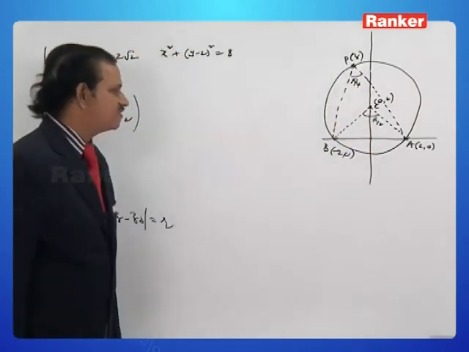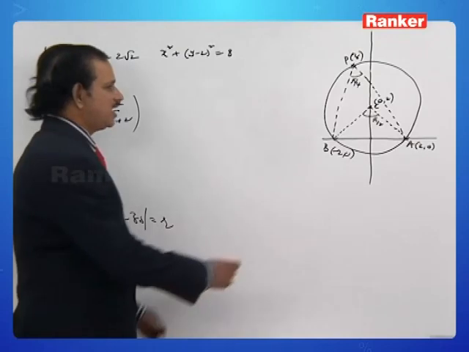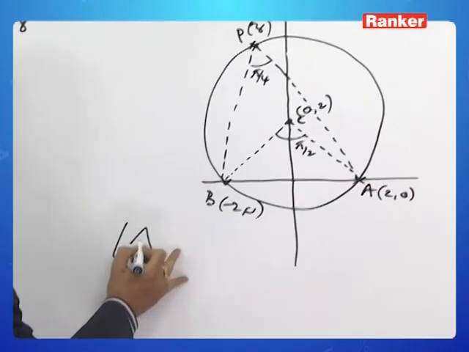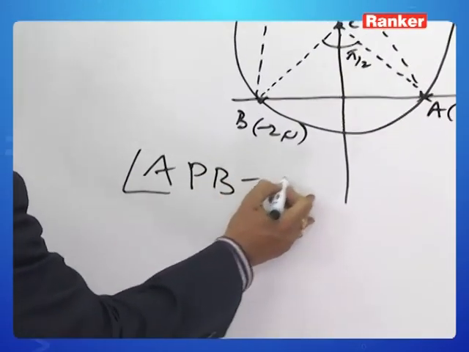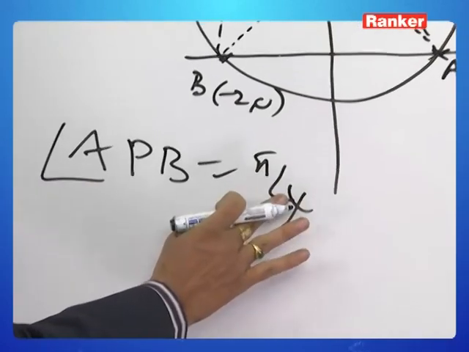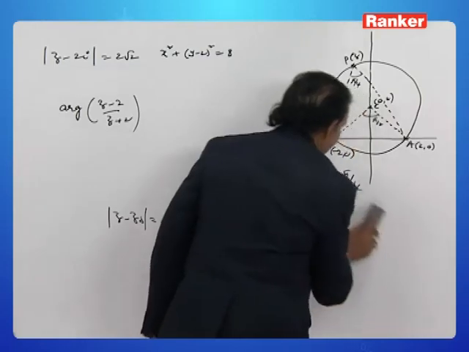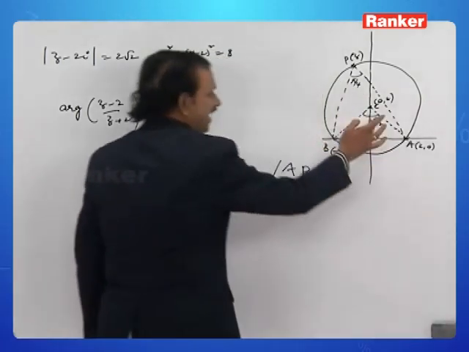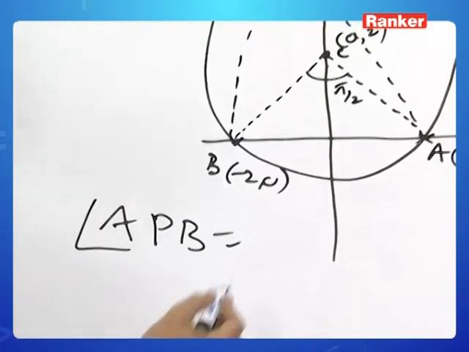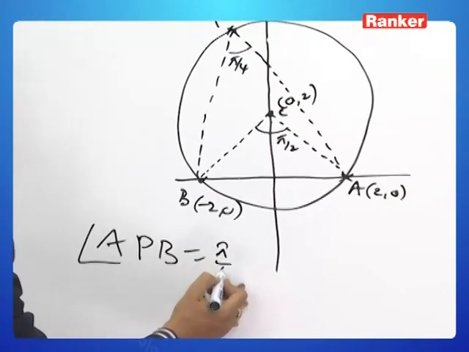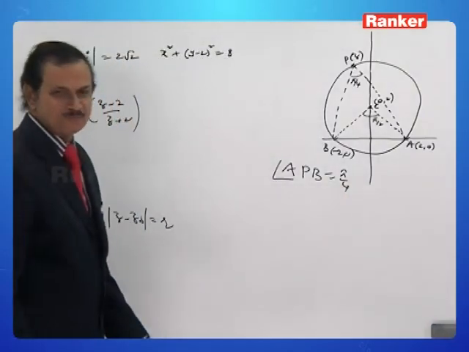From the figure itself, you see that angle APB is pi by 4. Exactly half of this, 45 degrees or simply pi by 4. What is angle APB?